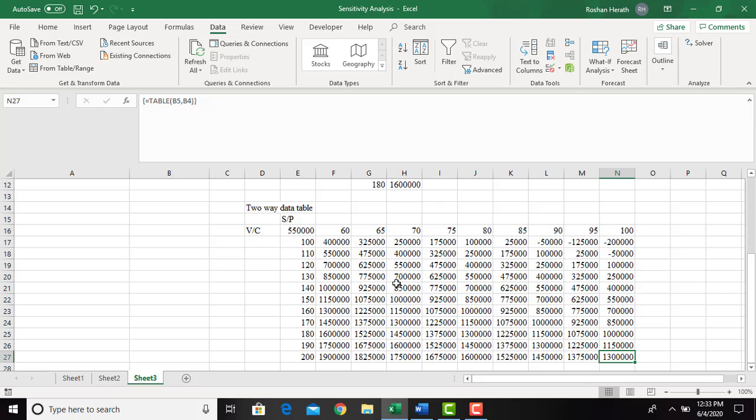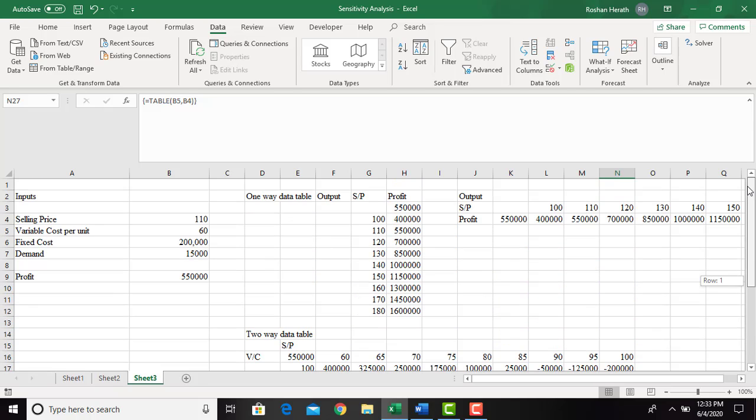Different combinations වලට අදාළව අපිට profit අඳුරගන්න පුළුවන්. Different combination of selling price and variable cost, you can determine what must be the output. That's how it works, right? Okay, so that's how we do.